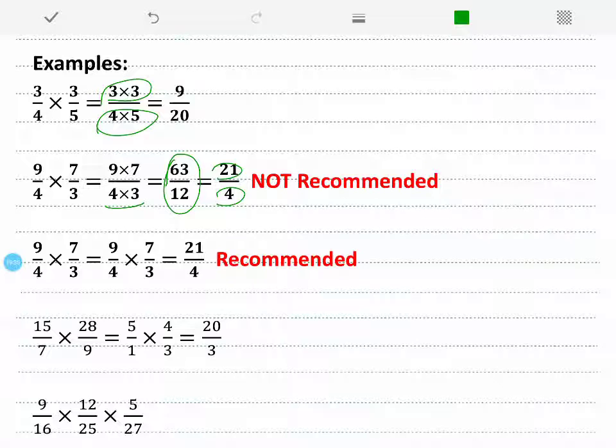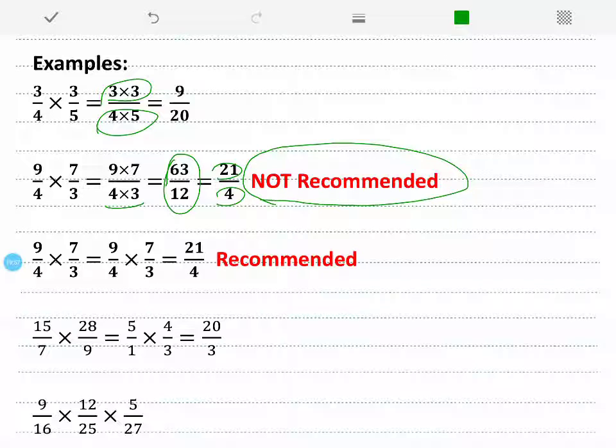So the simplest form is 21 over 4. You won't find anything simpler than that, because 21 is an odd number, 4 is an even number, and they don't have any other common factors. But this one is not recommended.